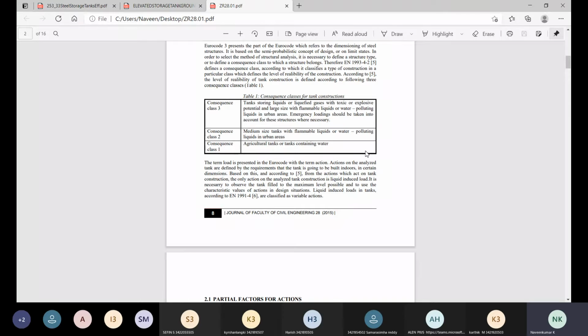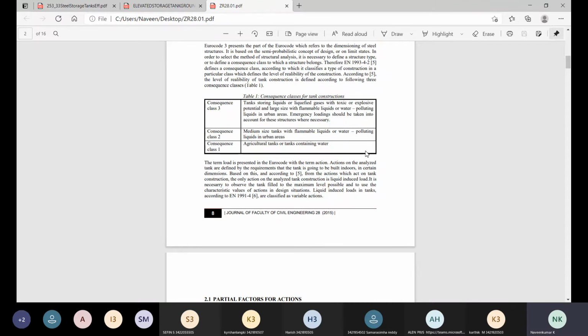It is rested below the ground surface, not above it. It stores flammable liquids, and petrol and diesel are types of flammable liquid. In other utilities, it can be used in urban areas for storing such liquids.